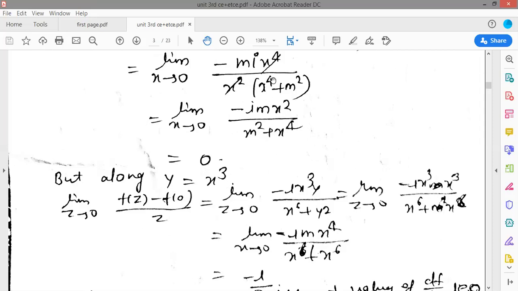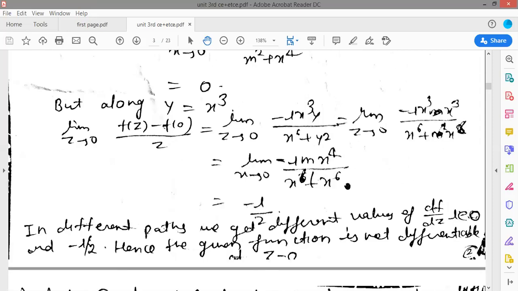So put y = x³ here. So you will get this value, and when you apply the limit here, you will get −i/2. So −i/2 is different from 0. So these two values are not equal, then we can say this function is not differentiable at z = 0.